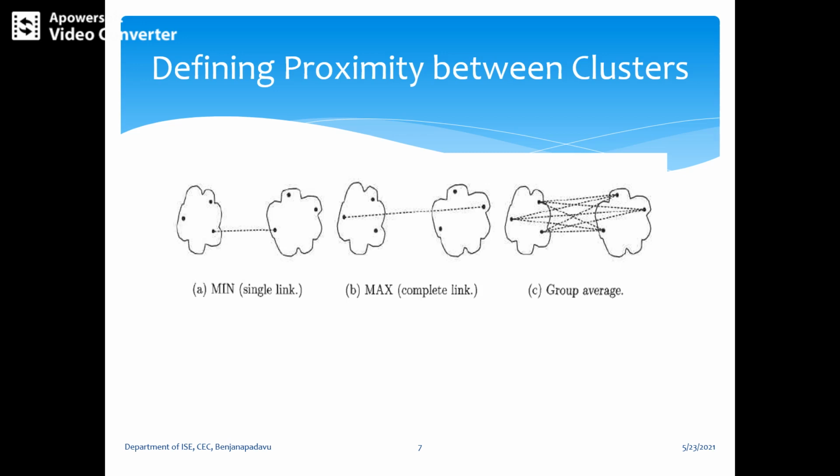This yields contiguity-based clusters, as in figure C. Alternatively, max takes the proximity between the farthest two points in different clusters to be the cluster proximity, or, using graph terms, the longest edge between two nodes in different subsets of nodes.